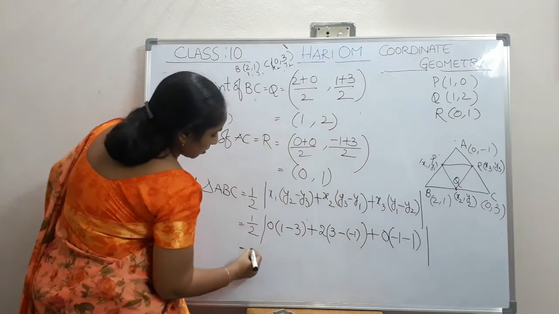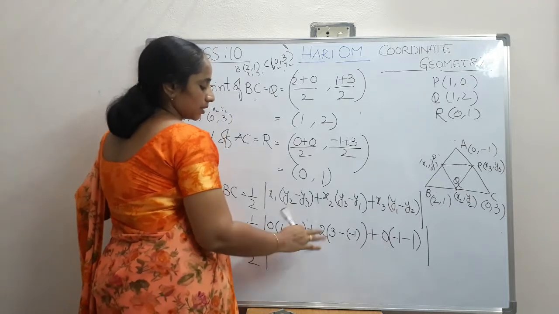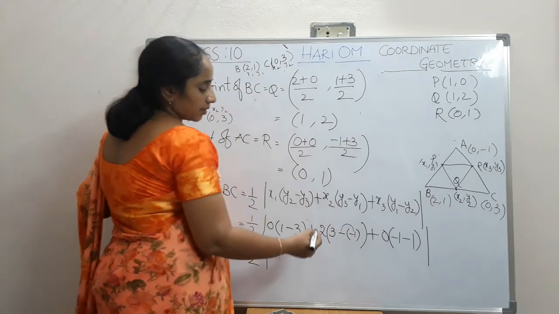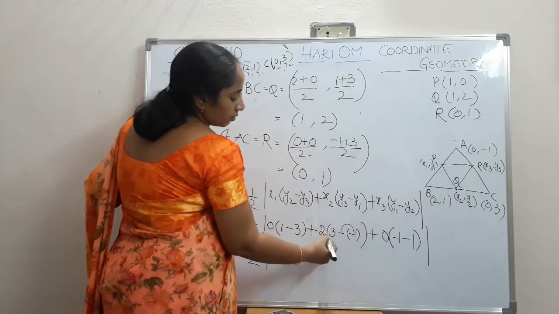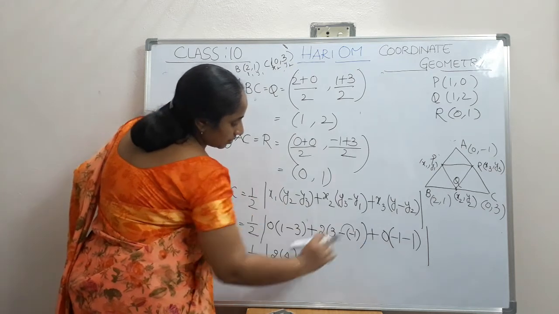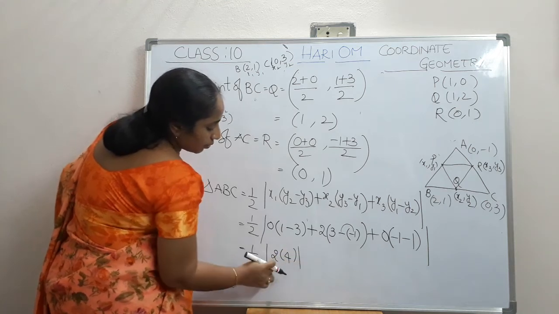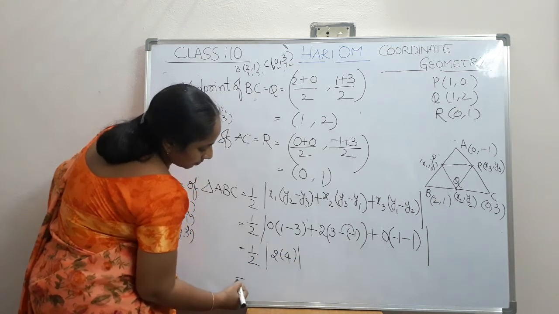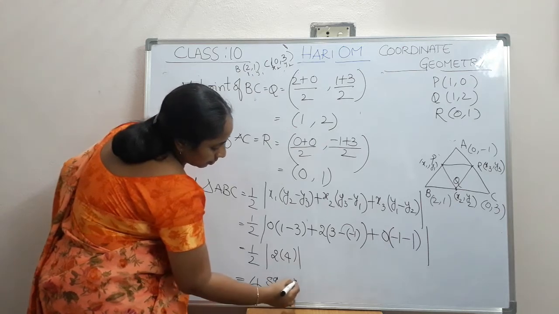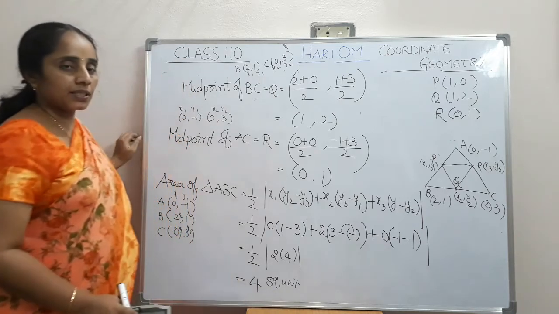It is 1 by 2 modulus of 0 into something, 0. 2 into 3 minus of minus 1, it is 3 plus 1, 4. 2 into 4 plus 0 into something. So it is 2 fours are 8 by 2, 4 square units. It is the area of triangle ABC.